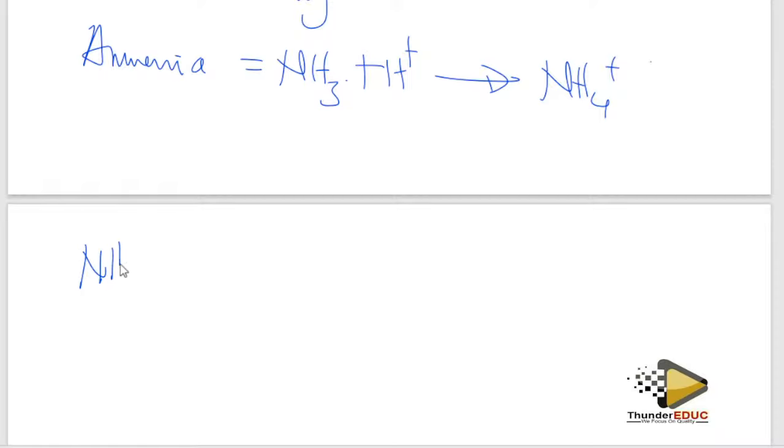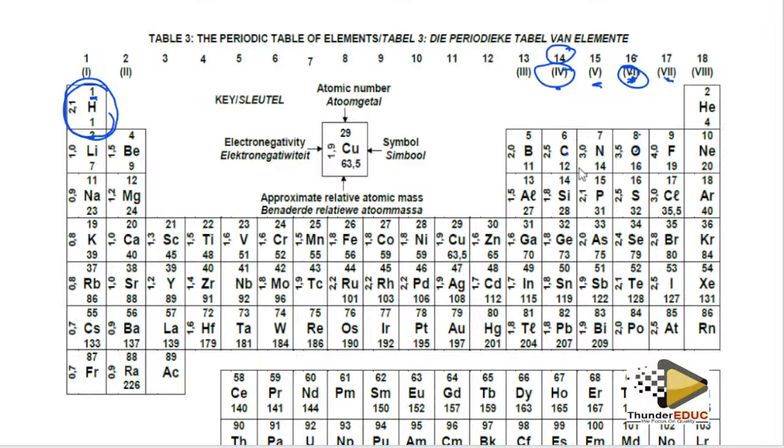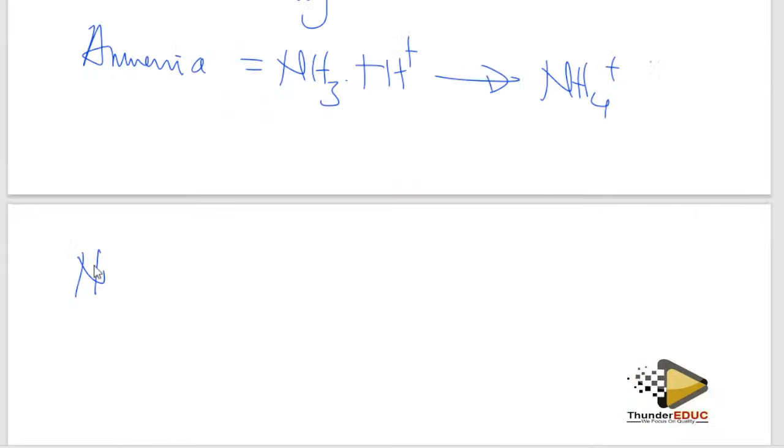So you have ammonia. You have nitrogen. Nitrogen is in which group? They are telling you it is in group 5, meaning that it has 5 electrons: 1, 2, 3, 4, then I put a 5 there. Hydrogen is in which group? Hydrogen is in group 1, meaning that it has only 1 electron, and I have 3 of them.